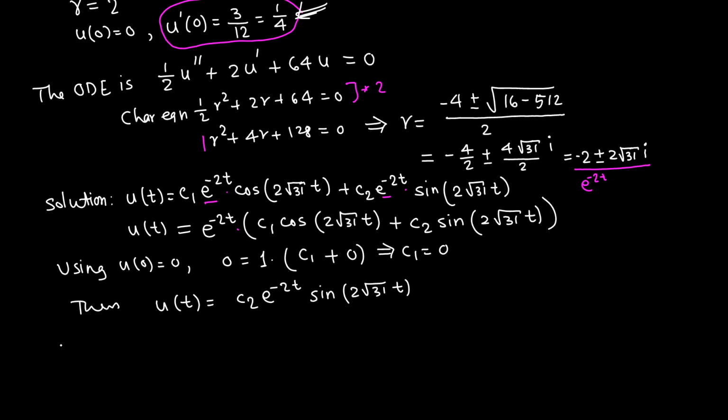Okay, so using u prime at 0 equals 1/4, we get this.